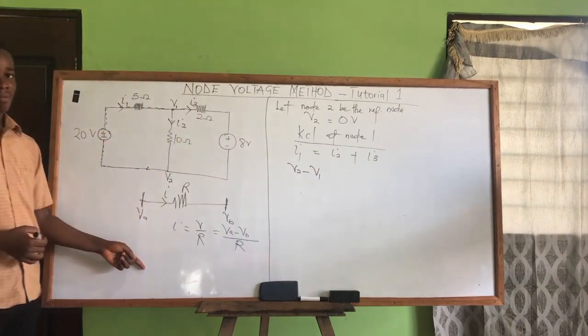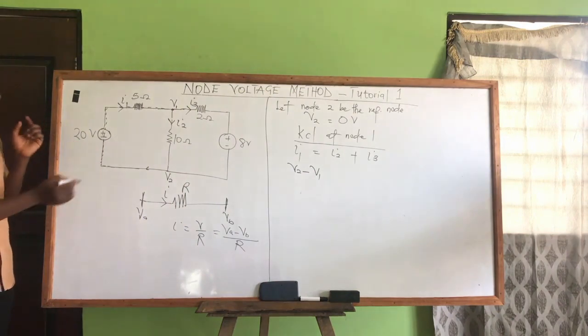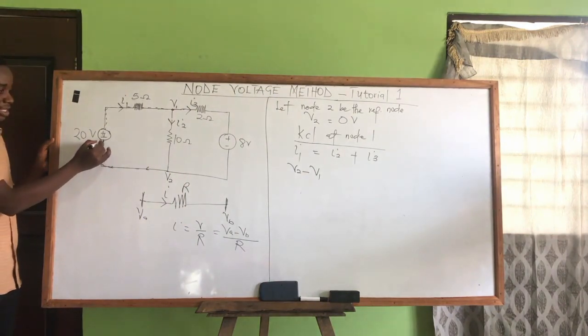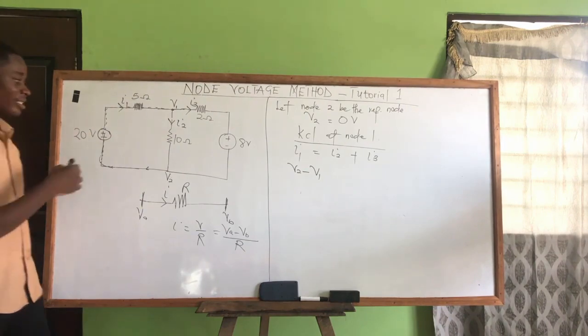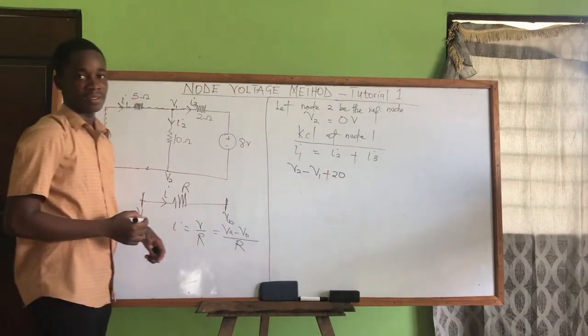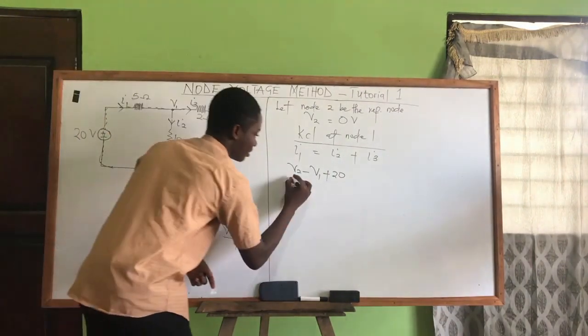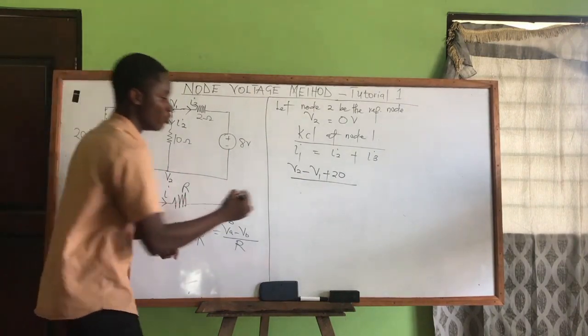But don't forget, we met another voltage source on our way, and the current I1 was leaving the positive terminal of this voltage, so that voltage becomes plus 20, divided by the resistor on that branch, which is 5 ohms.